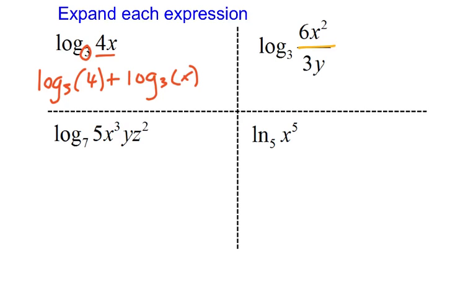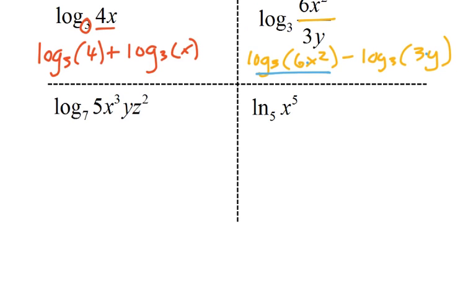The next one we have subtraction because there's division, so we can do log base 3 of 6x squared minus log base 3 of 3y. But then we can actually expand that so that this is separated by the multiplication and so is that. I'll write it down here since we don't have space up there.